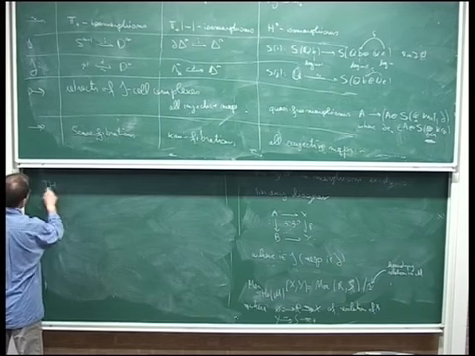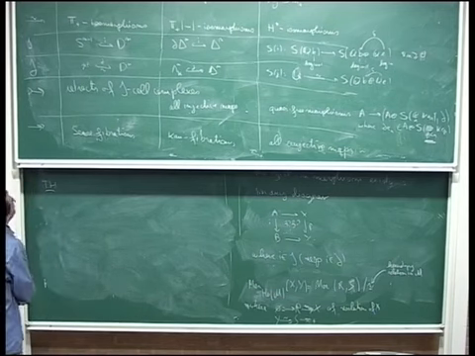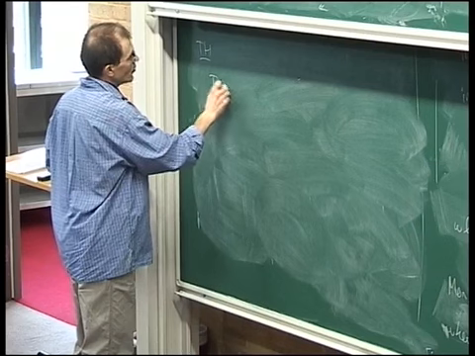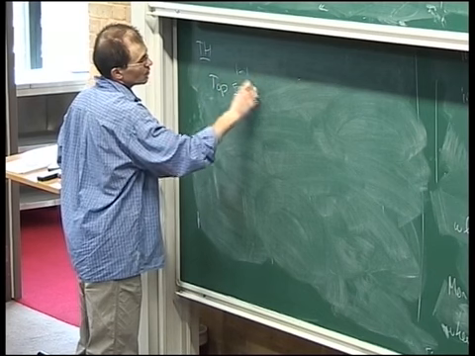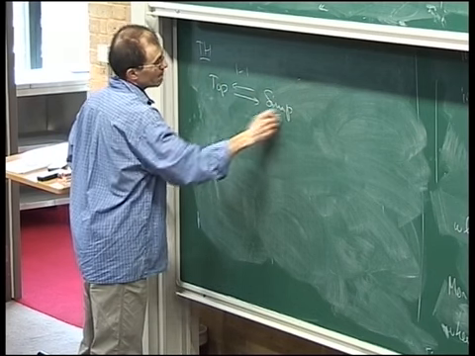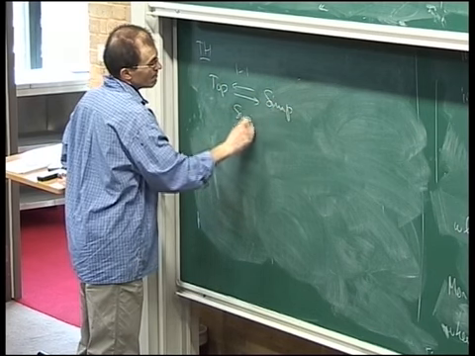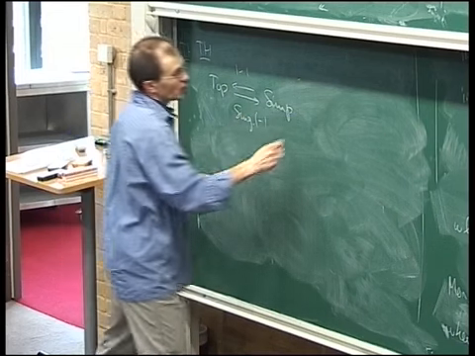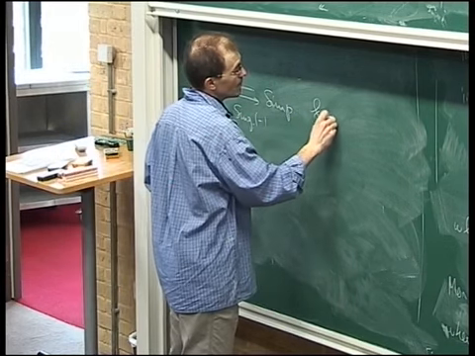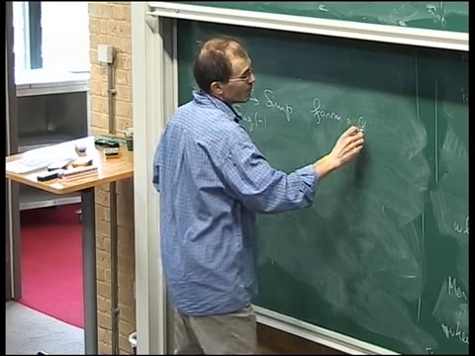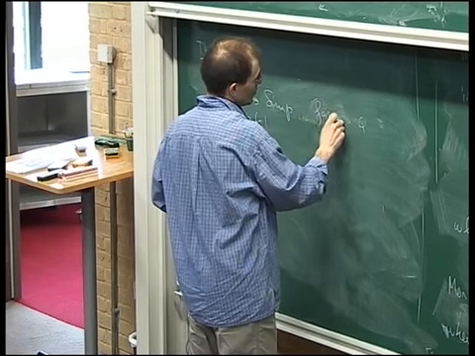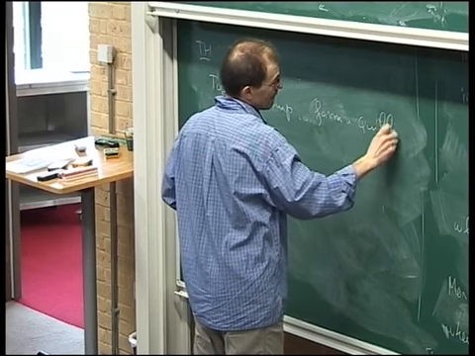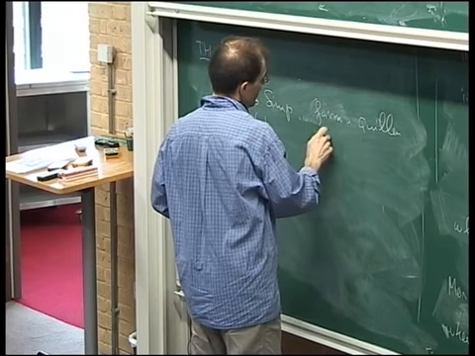Okay. So I'm going to give two statements, the main theorems. We have these functors. So these functors form a Quillen pair.